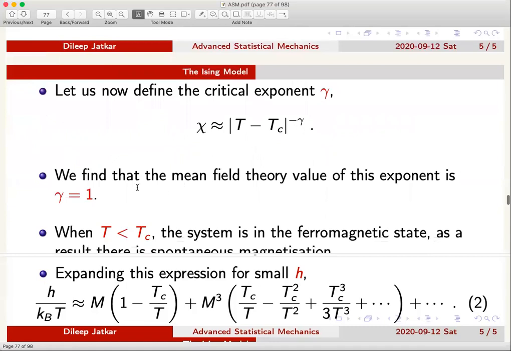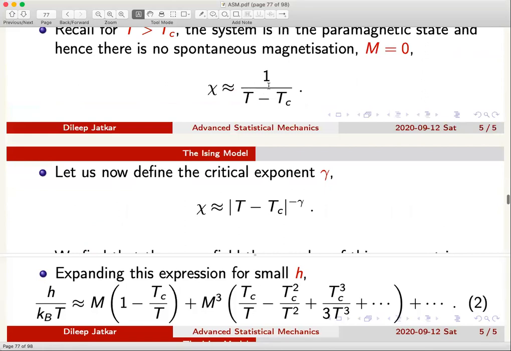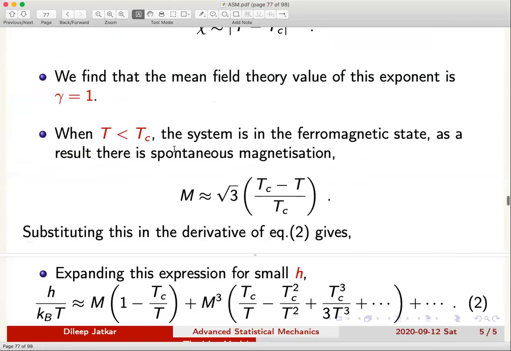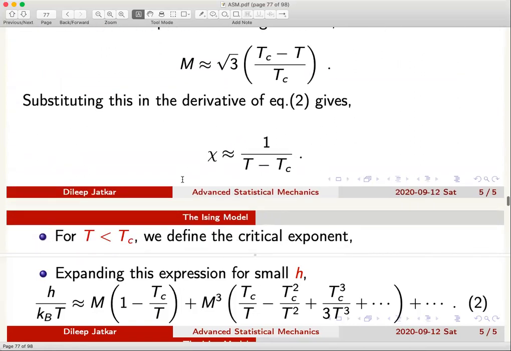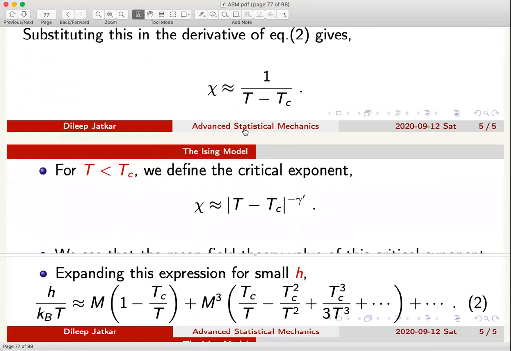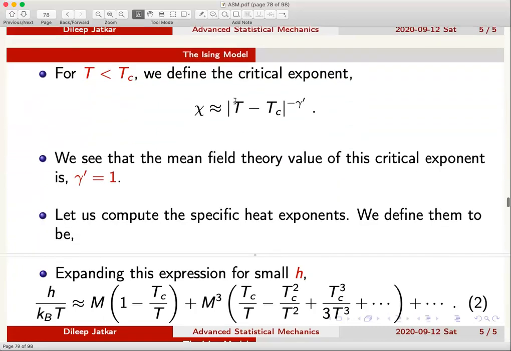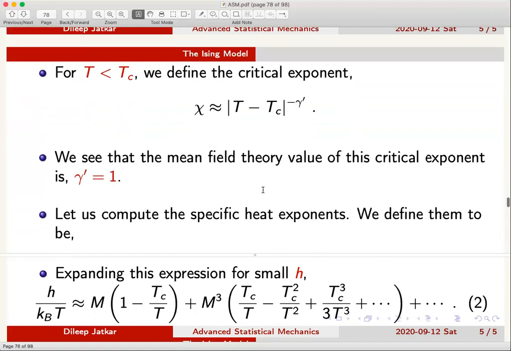We define gamma as a critical exponent, and we find gamma in the mean field case to be 1. Okay, and for T less than Tc, if you substitute m like that, I did not correct this, I should have corrected this one. This should be half. So you find that in the mean field approximation, chi still goes as Tc minus T to the minus 1. So you get a gamma prime, which is also 1.